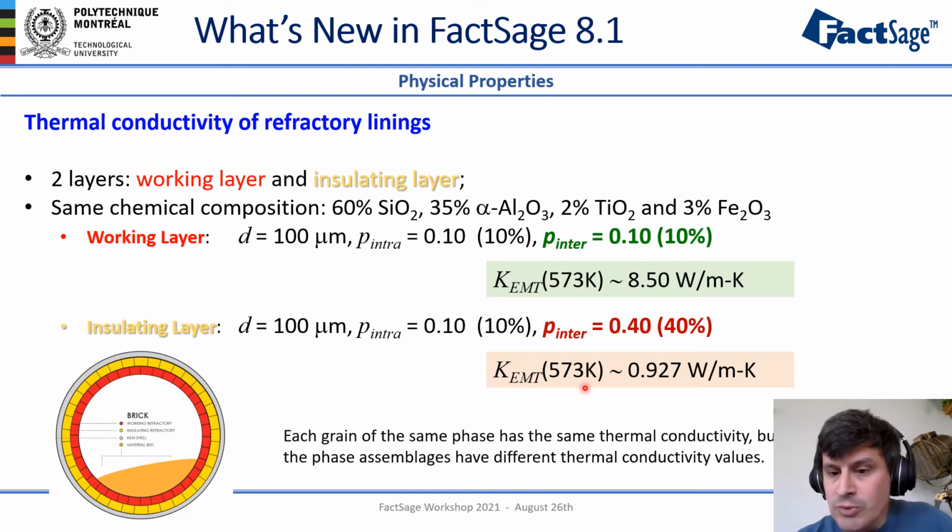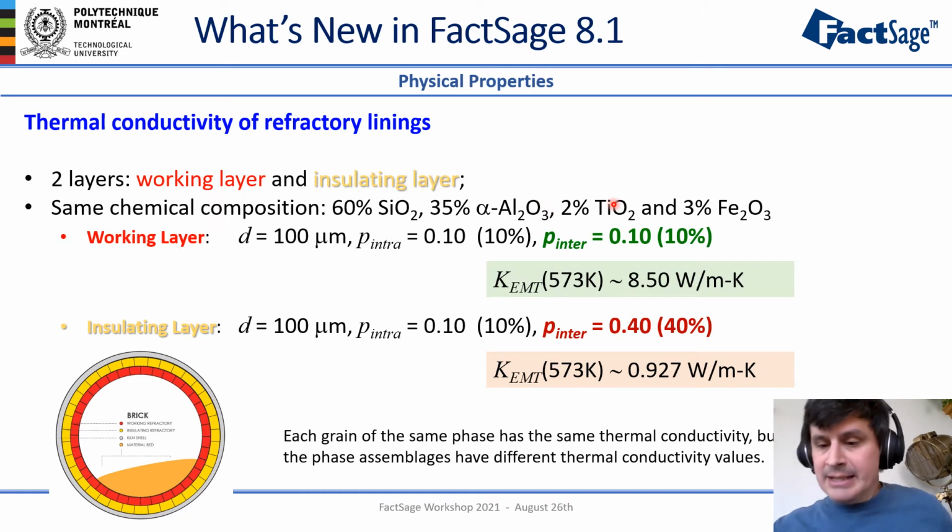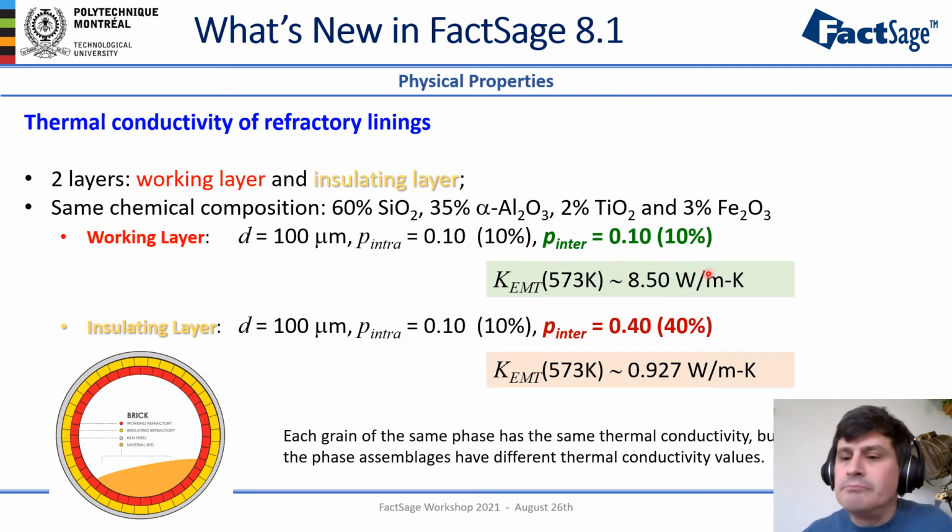Basically, Equilib will compute for me a thermal conductivity which is roughly 10 times lower. So it's important to note that the quartz, corundum, rutile, and hematite grains here have the same thermal conductivities in both examples. It's really the phase assemblage that is different. And this is consistent with the real system.